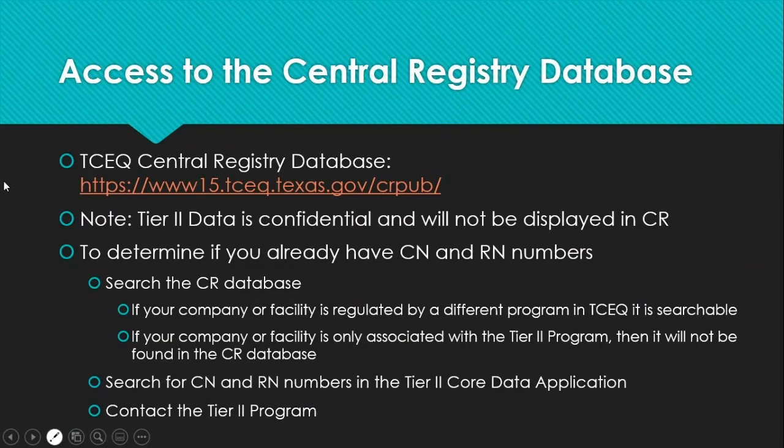Please keep in mind that since Tier 2 data in Texas is confidential, if a facility RN is only associated with the Tier 2 program, it will actually not show up in a public Central Registry search. So if you believe that to be the case, go ahead and contact the Tier 2 program and we'd be happy to help you verify.